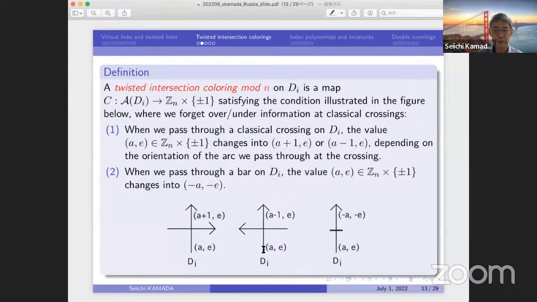If we pass through a crossing in this direction, then the first component a changes to a-1, but the second component is the same. So at classical crossings, the second component does not change; only the first component changes, plus 1 or minus 1. And at a bar, (a, e) changes to (-a, -e). This is the coloring condition. Such an assignment is called a twisted intersection coloring modulo n on Di.